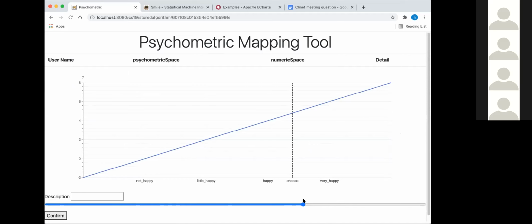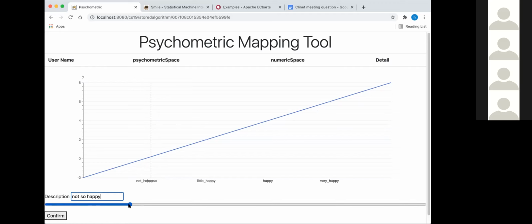So if I say, okay, not so happy, where should I put not so happy? Around there. If I put it there, what is the actual numerical value? And then confirm, and store it.